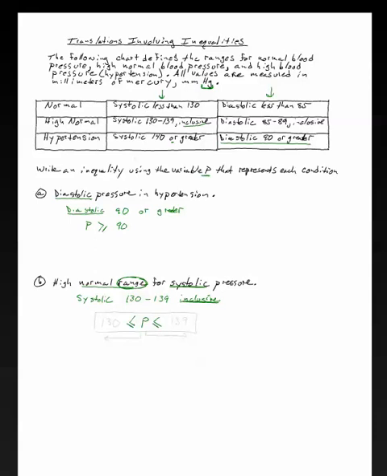And now we just put in our lower and upper values. So if we write the 130 over here and read it this way, it says P is greater than or equal to 130. And now we put our upper value on, which is 139, and we read it this way, and it says P is less than or equal to 139. And that is our answer.